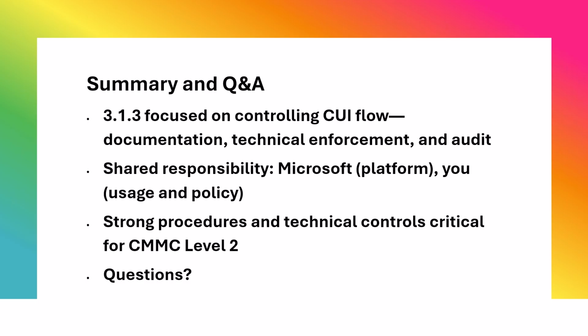Microsoft GCC gives you tools, but the responsibility for configuration, for usage, and adherence lies within your team. Success requires both comprehensive procedures and well-configured technical controls. Any questions at this point?